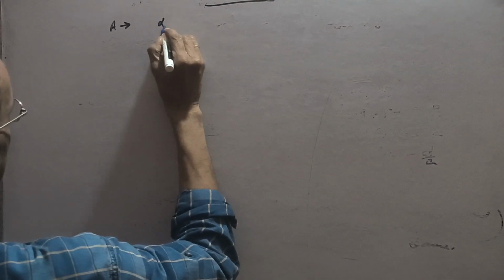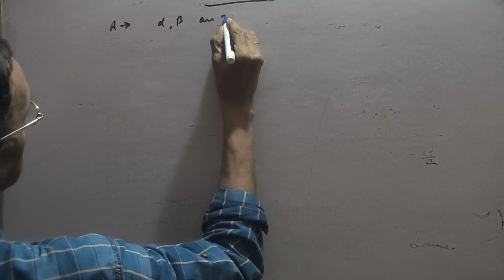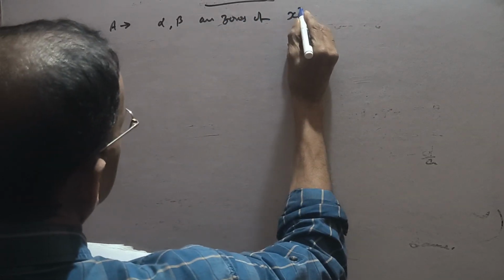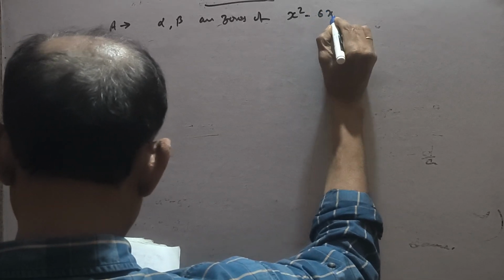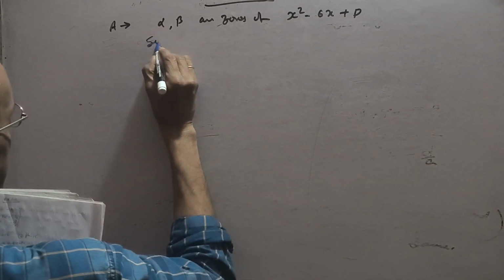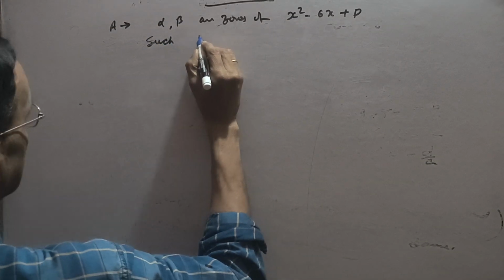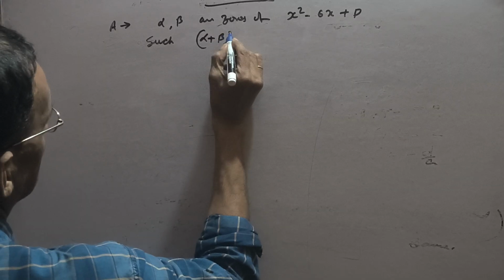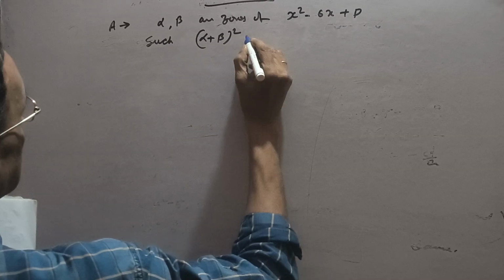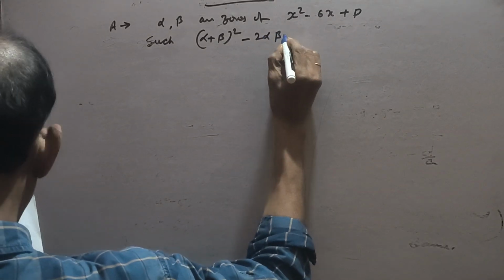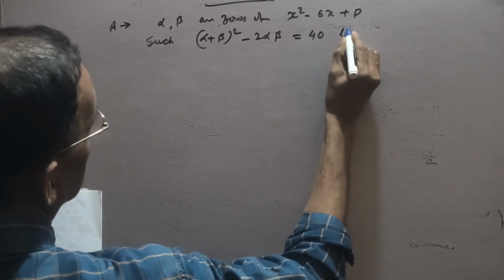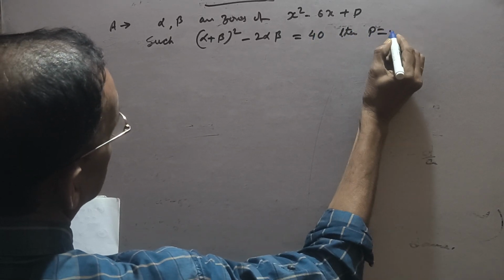It is given that alpha and beta are zeros of the polynomial x square minus 6x plus p, such that alpha plus beta whole square minus twice alpha beta is equal to 40. Then they are saying p is minus 1.